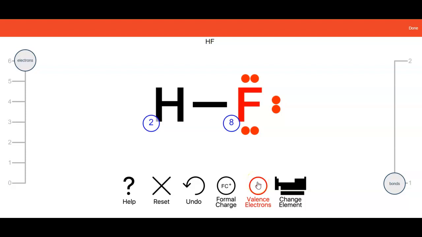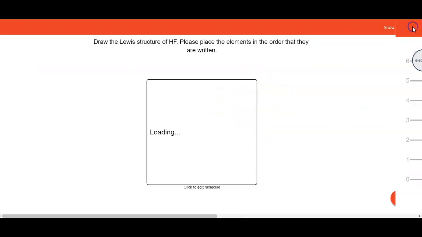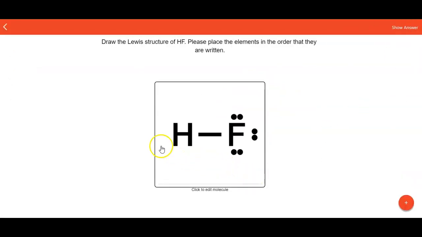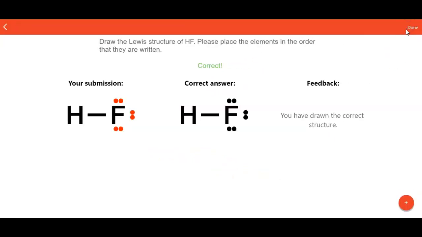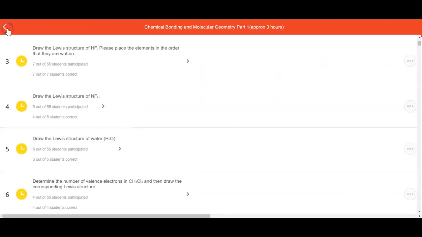Our octets are correct. Do we still have the correct number of valence electrons? Yep, we do. If we look, we've got 2, 4, 6, 8 valence electrons, the same number of valence electrons we wanted in the beginning. And then you just click done, and they ask, is this what you want? Yep, that's what I want. Correct. So let's do another one.